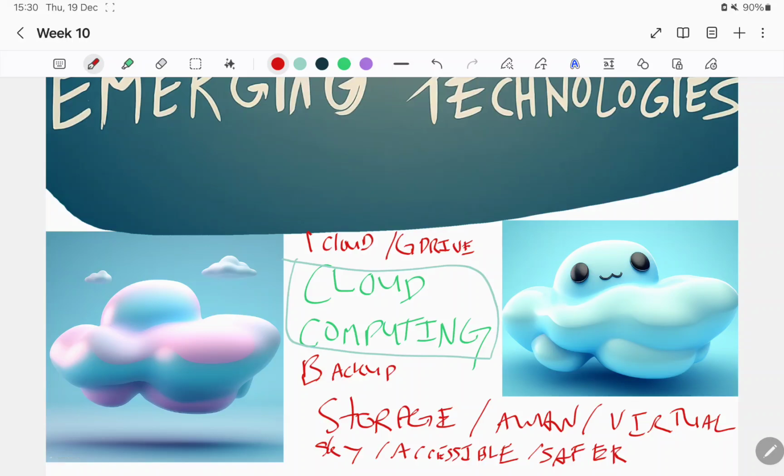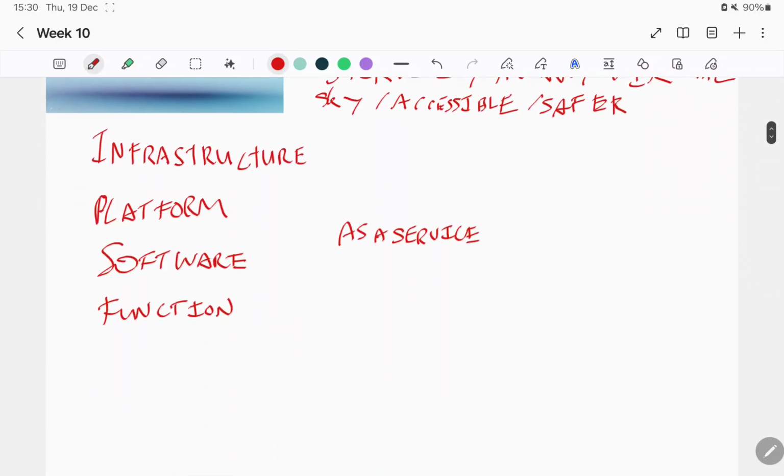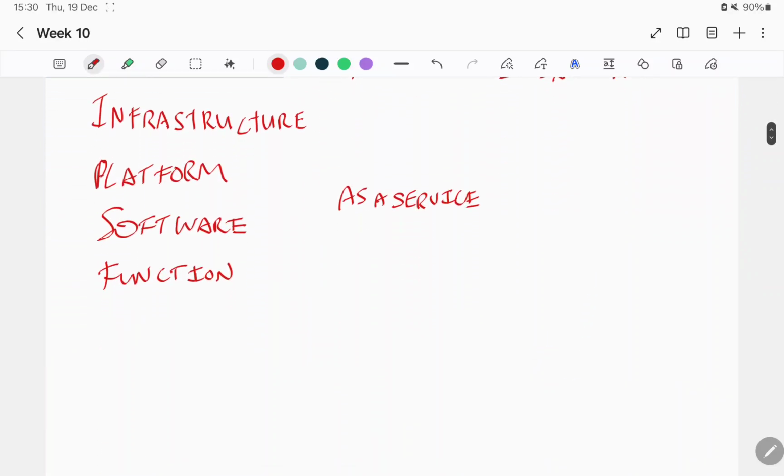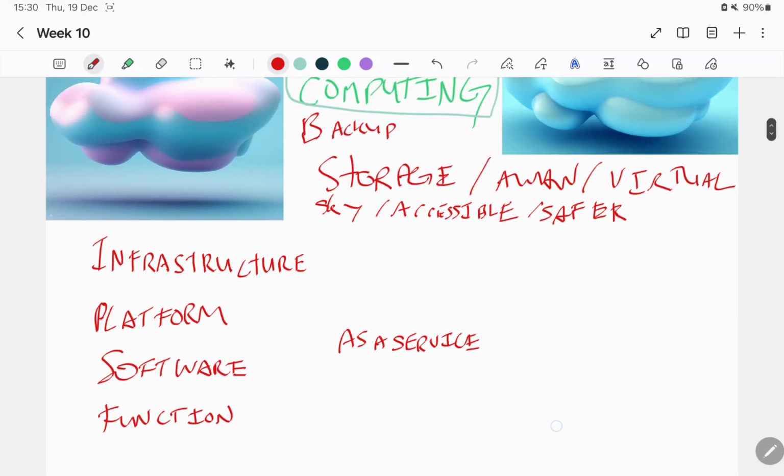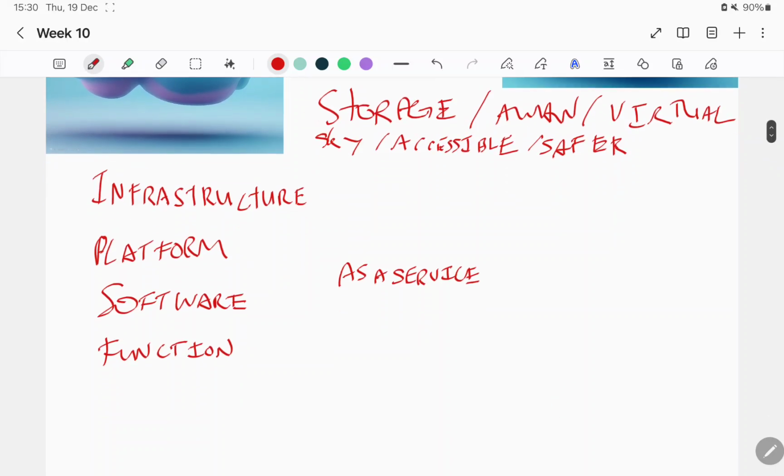But over here, I'd like to pull your attention to different types of cloud computing that has been applied. And then which one is the one that we have been identifying over here? So here we have 4 different types of services in the cloud.